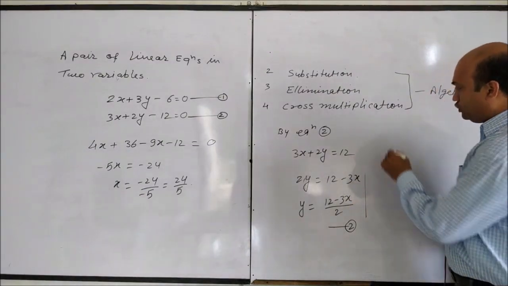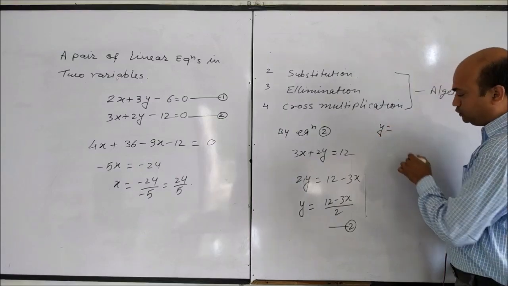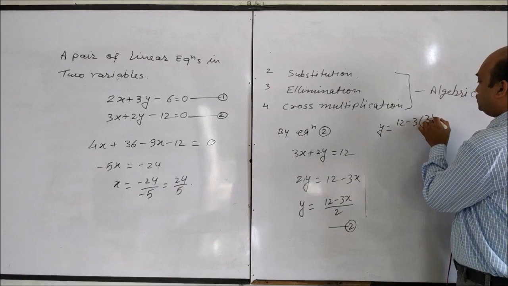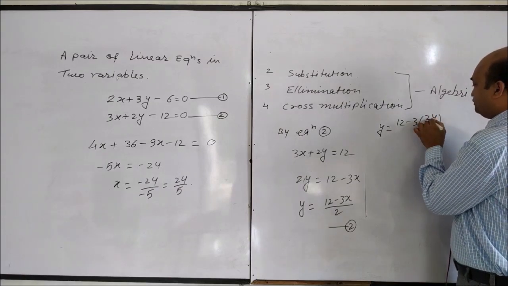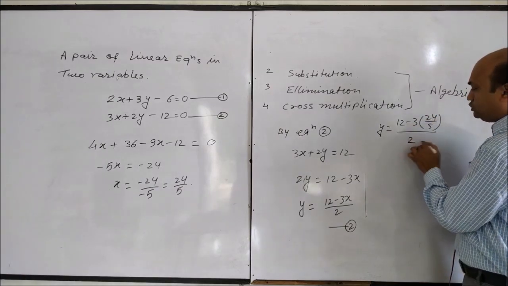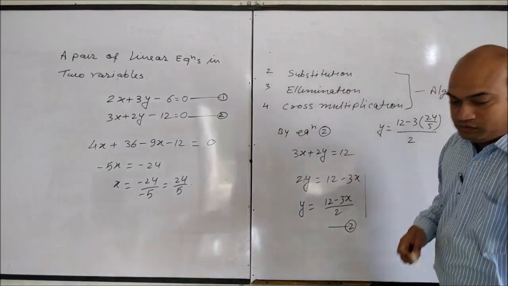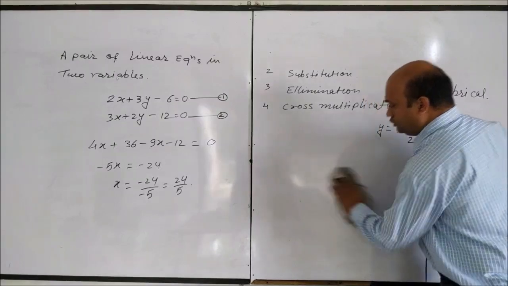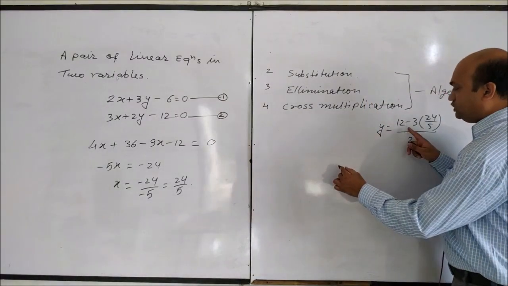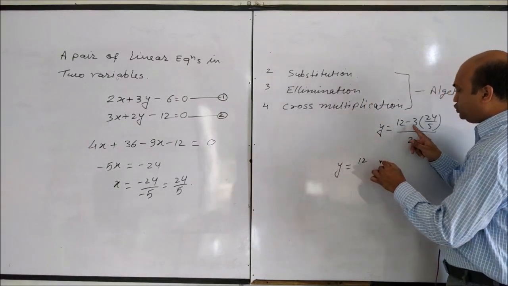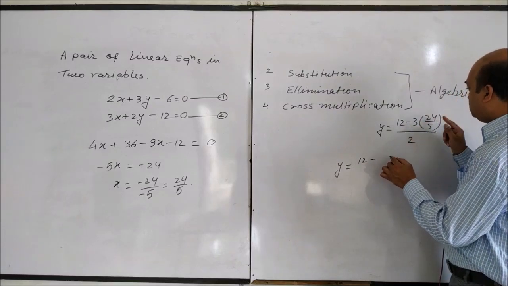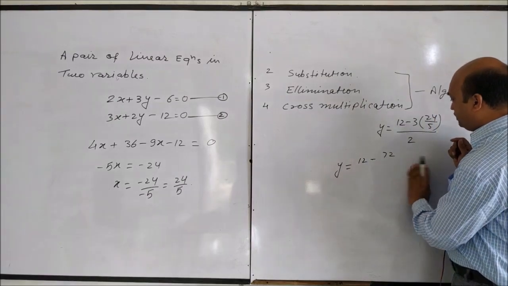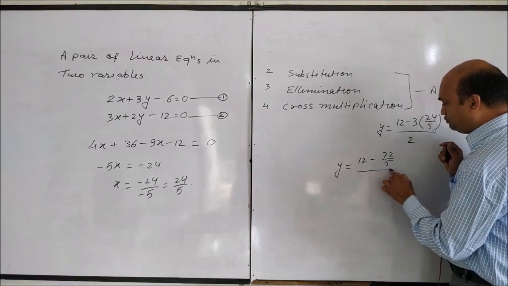It will be y is equal to 12 minus 3x. X we put 24 by 5 by 2. It is y is equal to 12 minus 72 by 5 by 2.